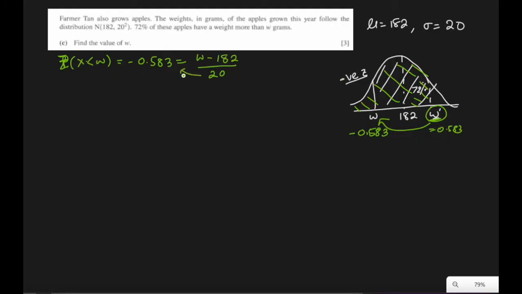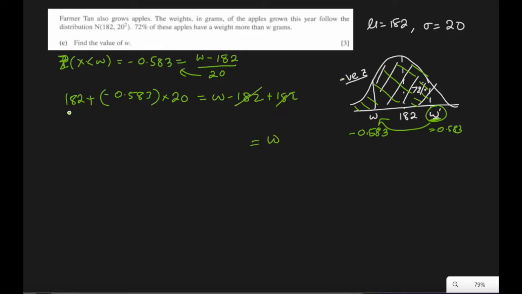So cross multiply first. Minus 0.583 multiplied by 20 is equal to W minus 182, and we will put this 182 here and 182 added here as well, so that W is left alone.